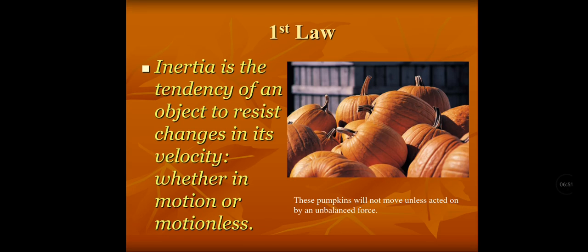Afterwards, inertia is the tendency of an object to resist changes in its velocity, whether in motion or motionless. हमने क्या बताया अभी आपको कि inertia क्या है? Inertia is a property of an object, the tendency of an object to resist change of its original position, whether it is in a rest position or in a motion position.